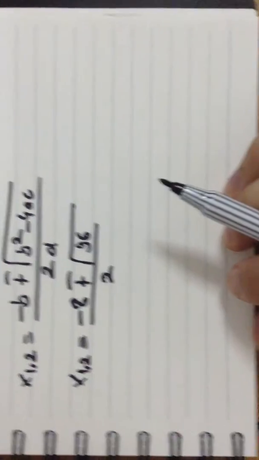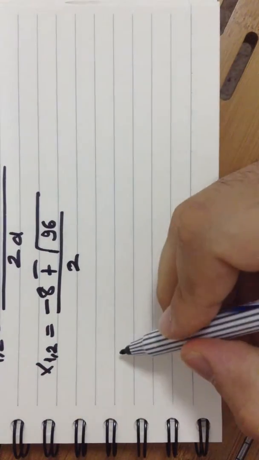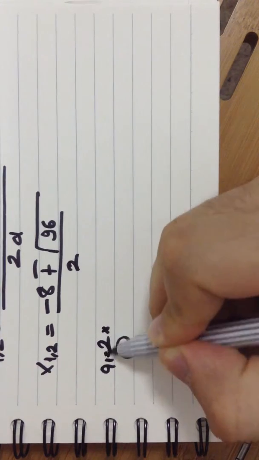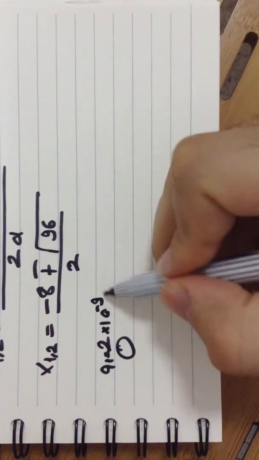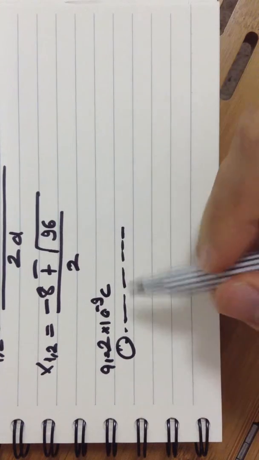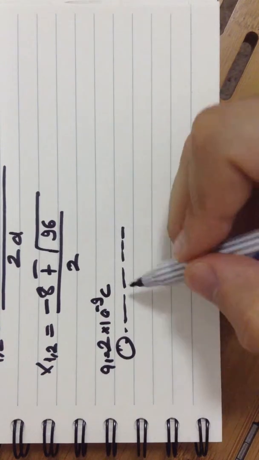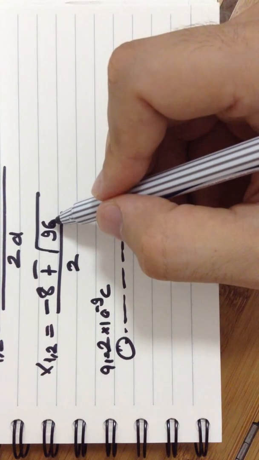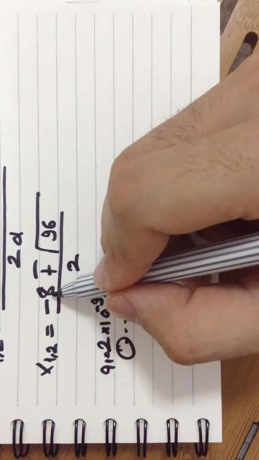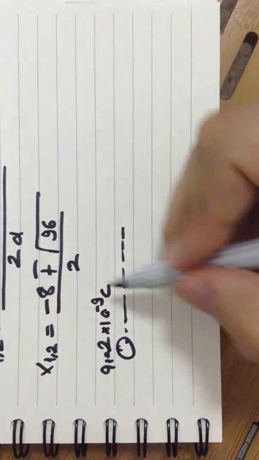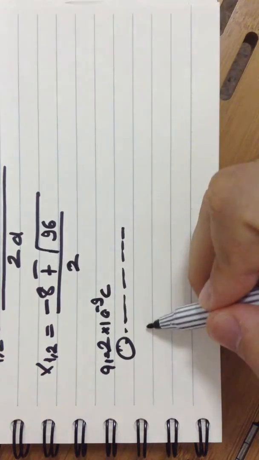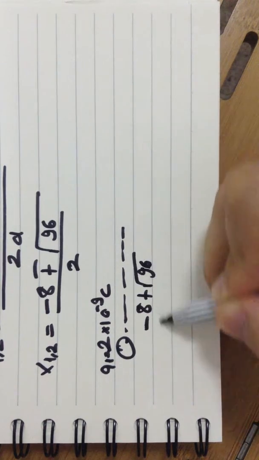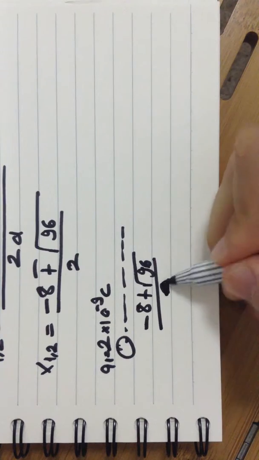All in all, from this question, you can say that from the smaller charge, which is 2 times 10 to the power minus 9 coulomb, the distance will become, we need to find the approximate value of this one, and this is a bigger value than 8, so I need to take the positive answer, and I will say minus 8 plus square root of 96 over 2.